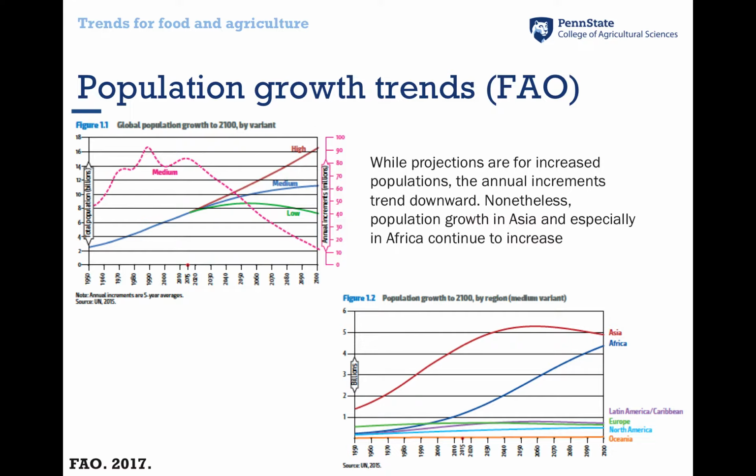And most of the areas around us, Latin America, Caribbean, Europe, North America, or Oceania, are relatively flat, especially if we look here at 2015. We don't expect a whole lot of change. And in spite of the fact that some may argue our country is full, there's actually a lot of space, obviously, that we can still handle for a lot of this in that respect.